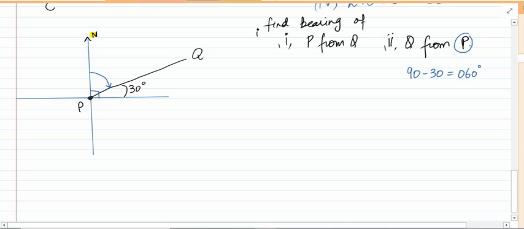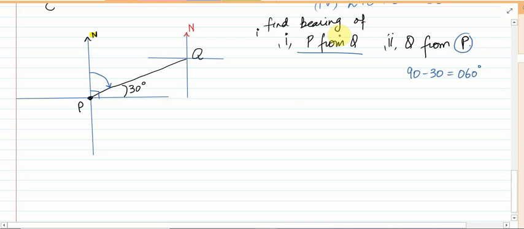But the problem is, what about this one? It says P from Q. Is there any north of Q present here? No. For that reason, you need to plot the north on this point. So now I have plotted the north of Q, the first condition.